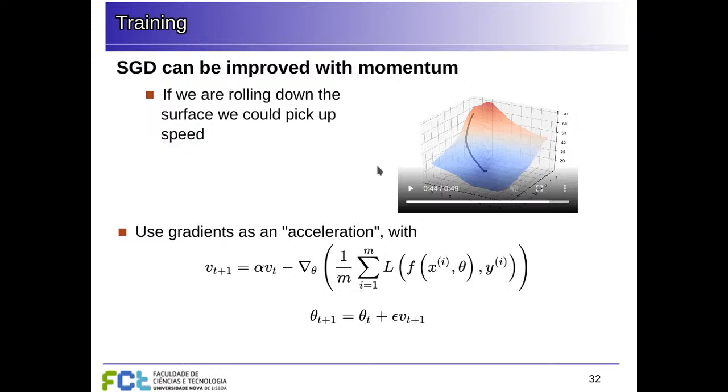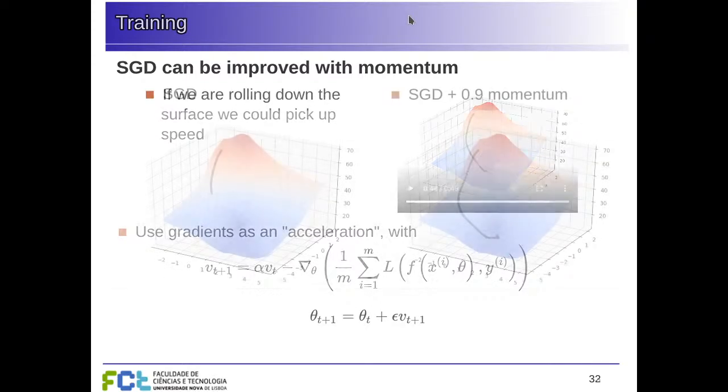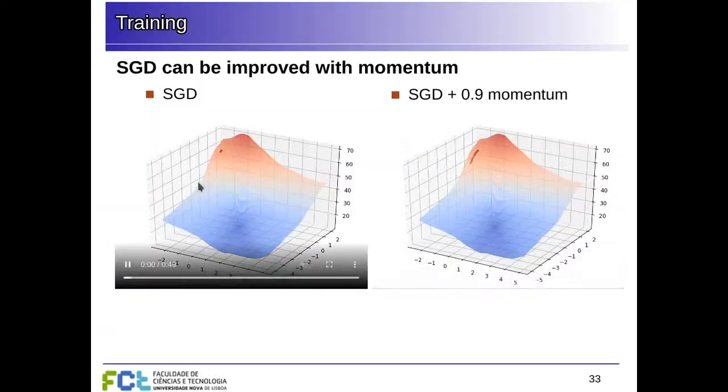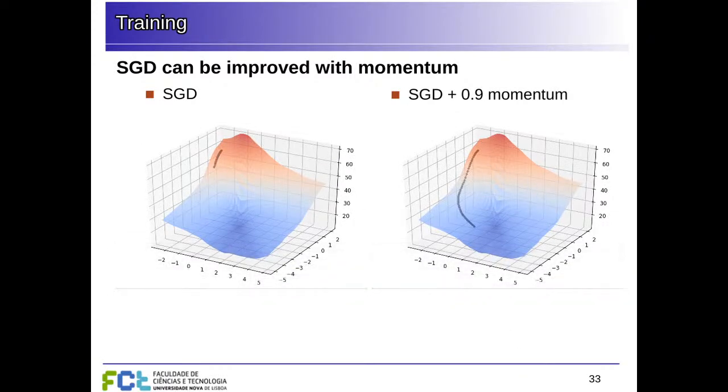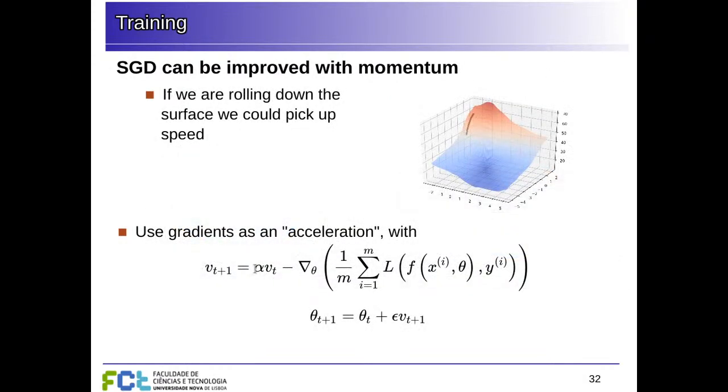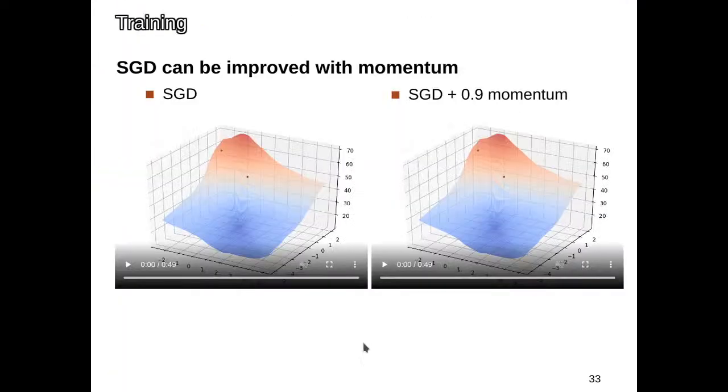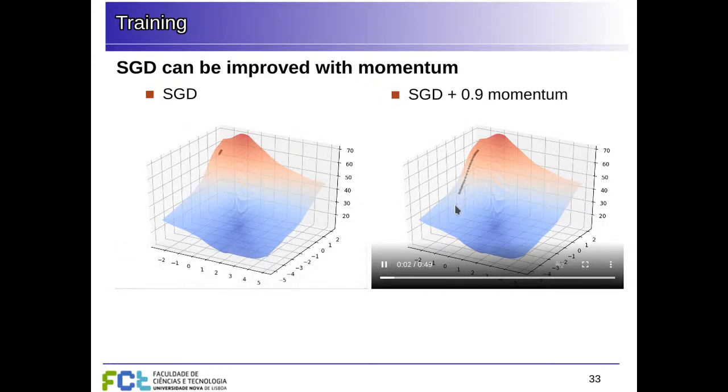So if we use momentum, we can accelerate when we are moving in the same direction. Comparing the two, this is stochastic gradient descent without momentum, and this is with momentum. Right at the beginning, since the change is always in the same direction, using 0.9 momentum, this is the parameter here, the fraction of the previous velocity we are keeping, we can quickly slide down this hillside until we reach the turn, and then things slow a bit, but then they accelerate again.